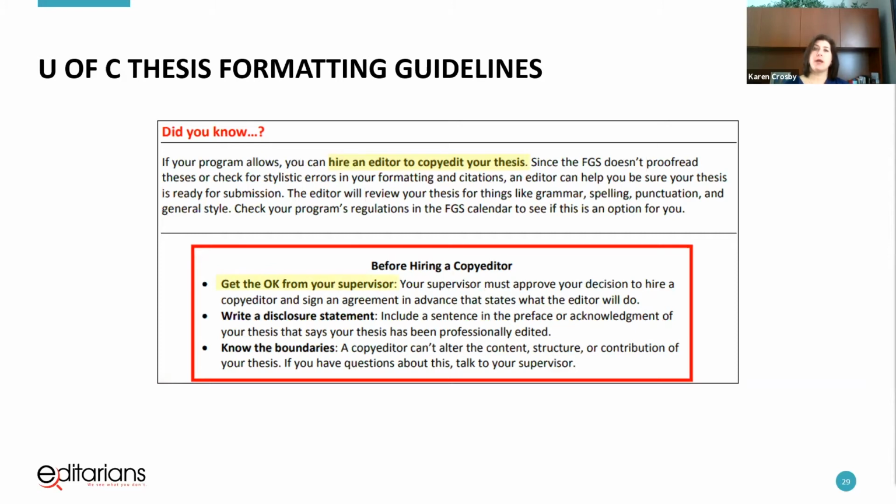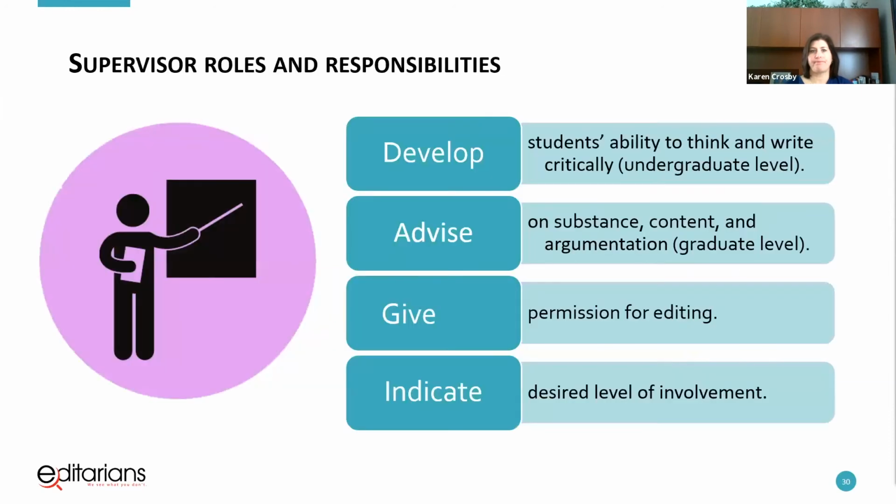With some programs we work with, graduate students are required to have their papers edited. The edit happens after defense and prior to uploading to a portal. In these cases, we usually assign a statement that we received the file on such and such a date and we returned it on such and such a date, and the student includes that signed statement when uploading.